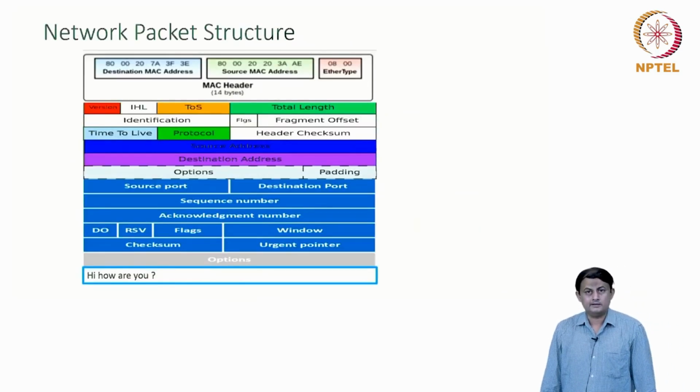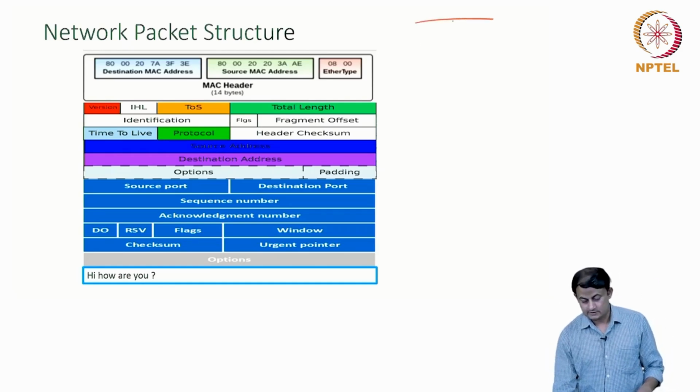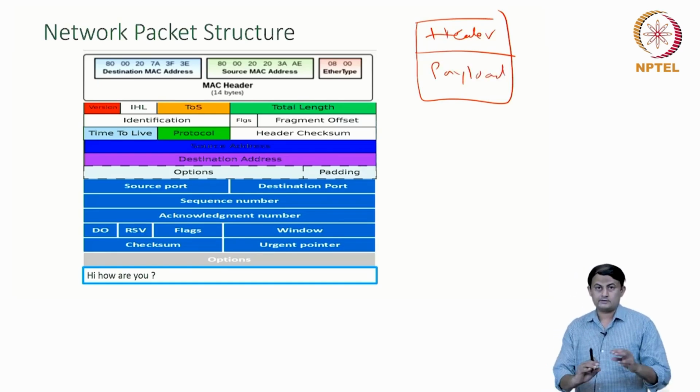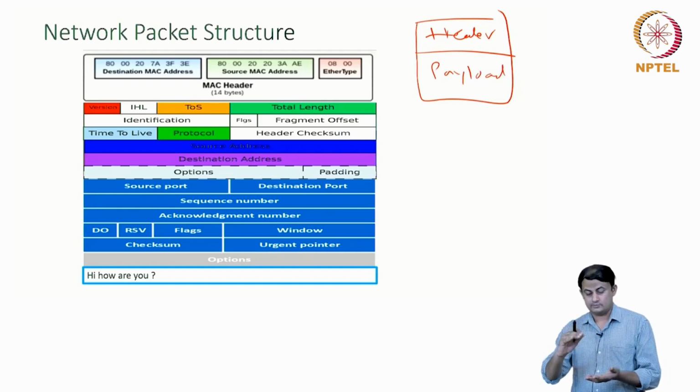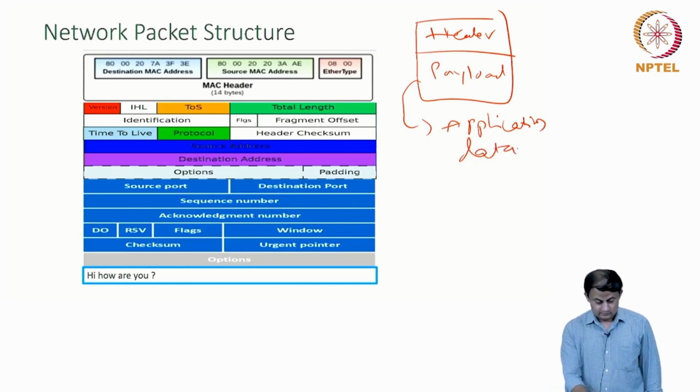When I receive a packet, it typically has 2 parts. The first part is the header, and the second component is called the payload. So every packet has a portion which is the header part, and the second portion is the payload. The payload is the application data. On the left-hand side you see this header.